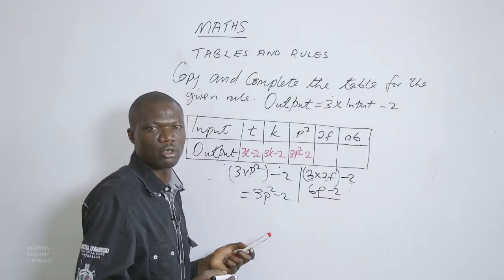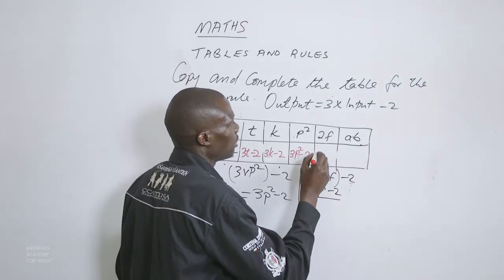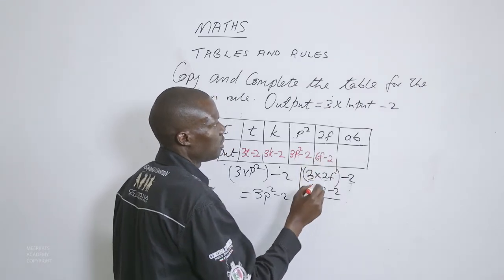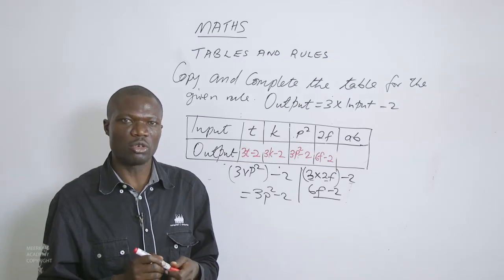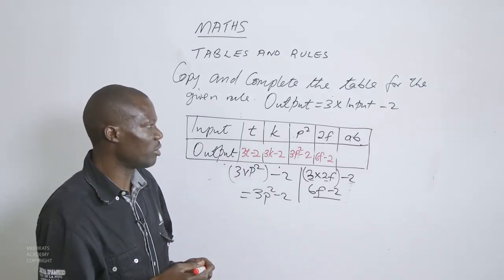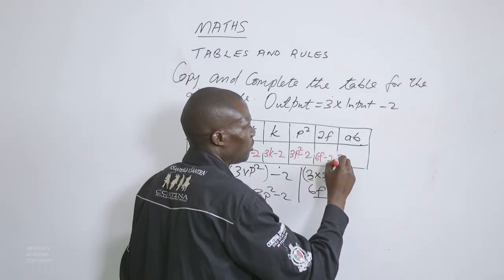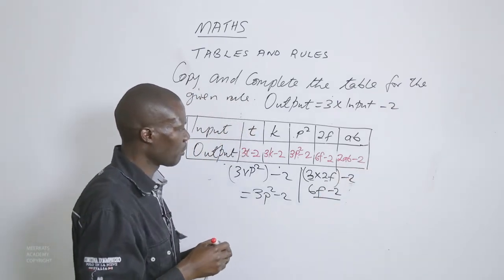So we shall write there 6f minus 2. And the last one, 2ab, is just 2ab minus 2. So this will be 2ab minus 2.